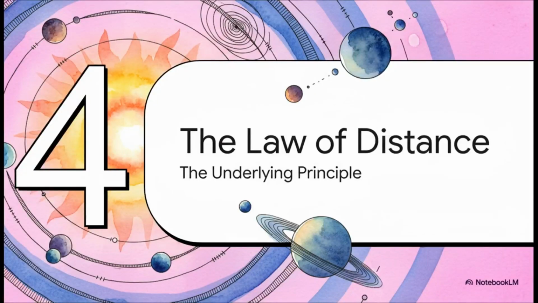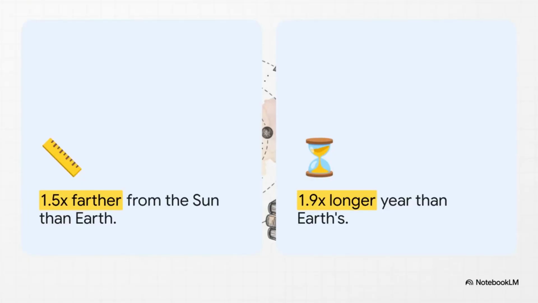So, what's the fundamental truth that this calculation reveals? Let's take a step back from the numbers for a moment to appreciate the broader physical principle that this result so elegantly illustrates. Let's just compare the input and the output. Mars, as we said, is only about 1.5 times farther from the Sun than Earth, and yet, its year is nearly 1.9 times longer. So you can see this is not a linear relationship.